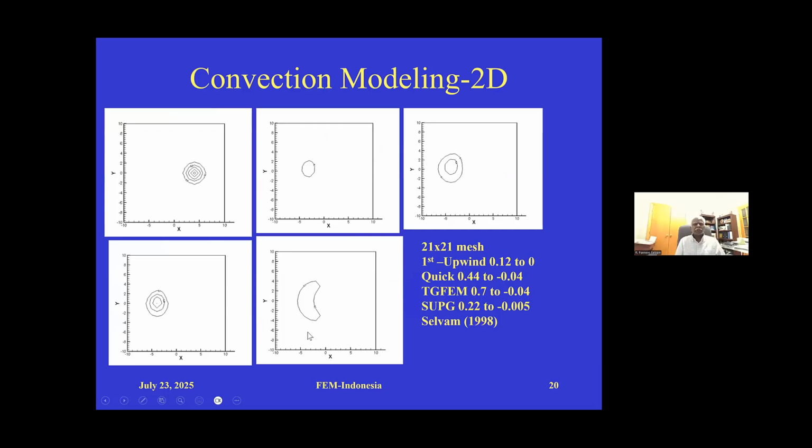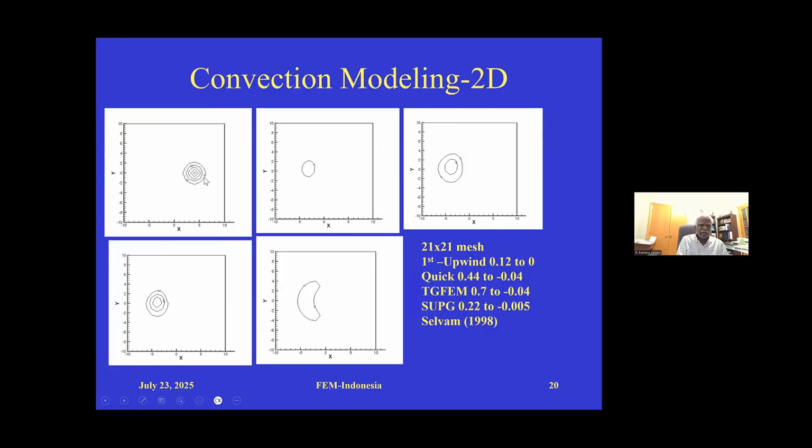Here I am trying to show two or three finite element methods and maybe two finite difference methods for comparison, again for a linear problem of convection in a 2D space. Here you are looking at a cosine hill.